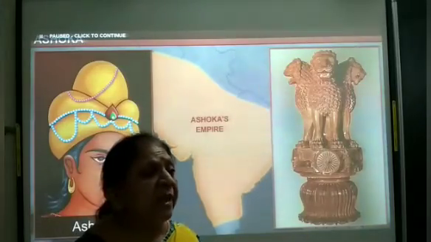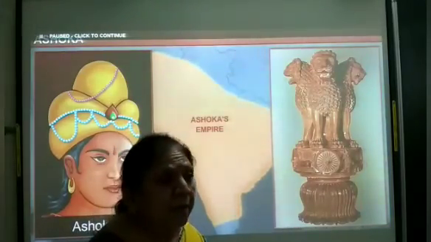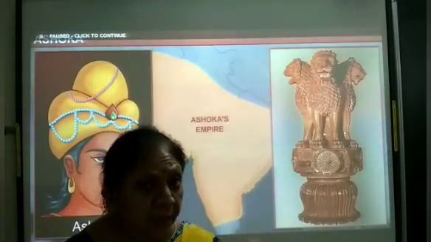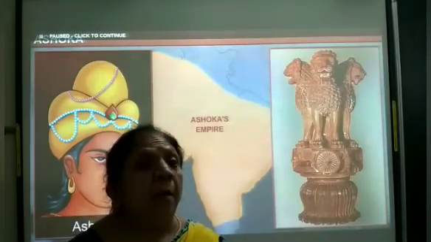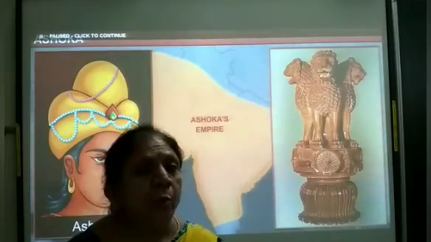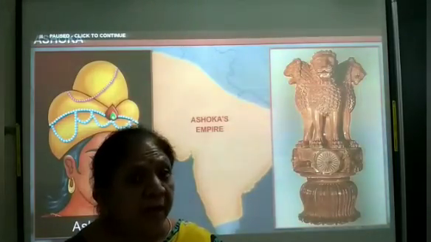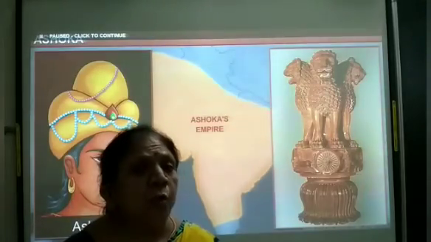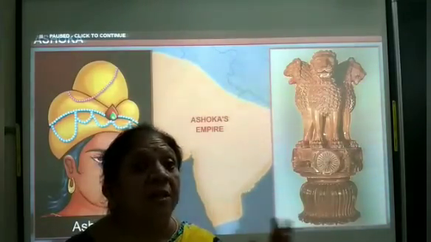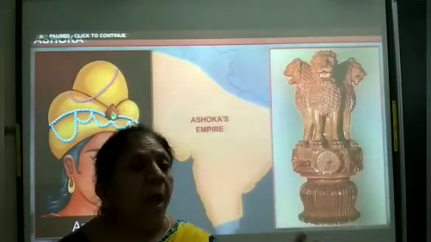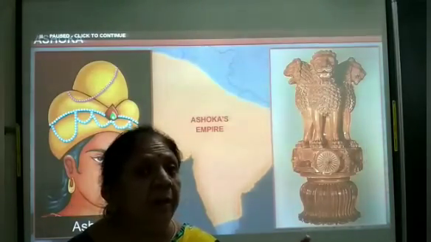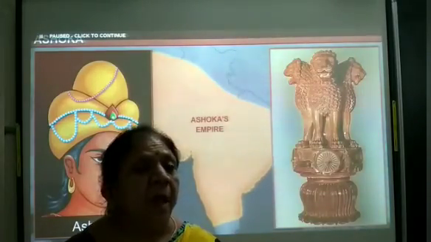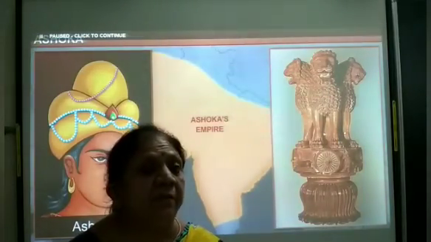We can see that he was one of the rulers who opened so many dharmashalas and rest houses, and also extended the roads. He gave water supply to everyone, and for whoever travels on the way, there were steps, and drinking water facilities were given to them.